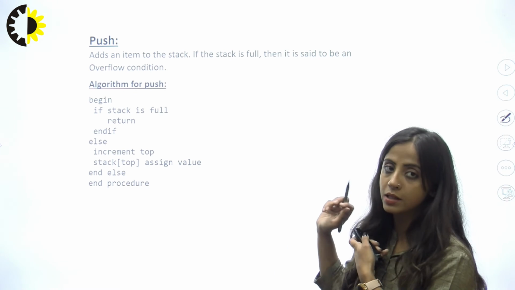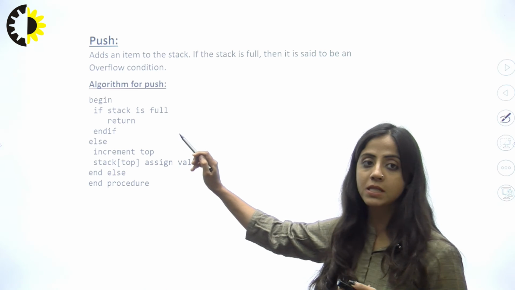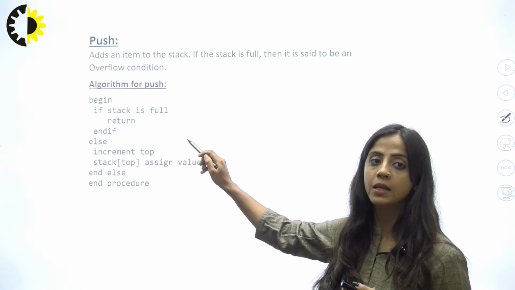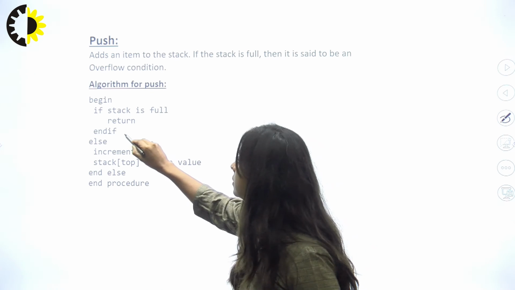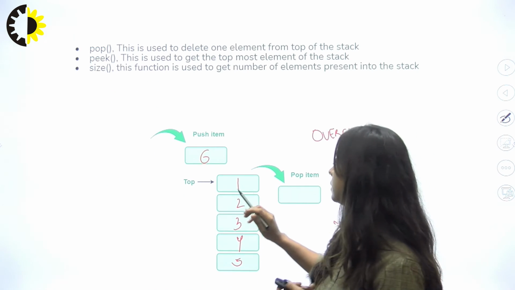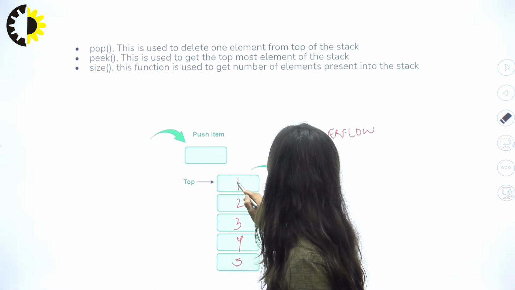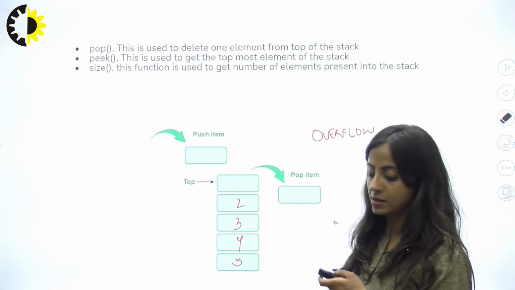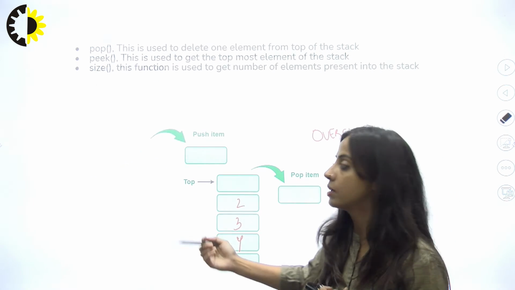If that is not the case, now let's continue with the algorithm. If stack is full, return, and the if block will end here when the stack is full. Else, suppose this is not the case and there is space in this stack. What will happen then? Increment top.